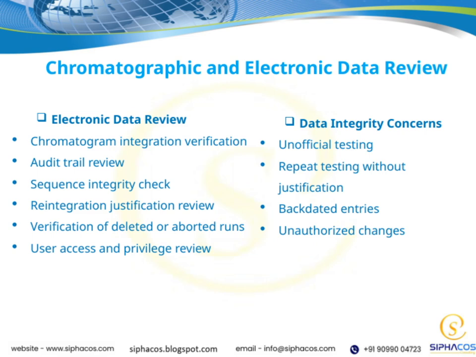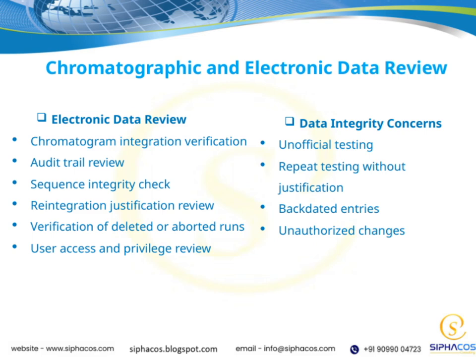Now, when it comes to reviewing chromatographic and electronic data, there are several critical areas to focus on. Electronic data review involves verifying the accuracy and completeness of data stored electronically. For chromatogram integration, it's important to verify that the integration process was performed correctly and consistently. Audit trail review allows us to track all changes made to data, ensuring transparency.